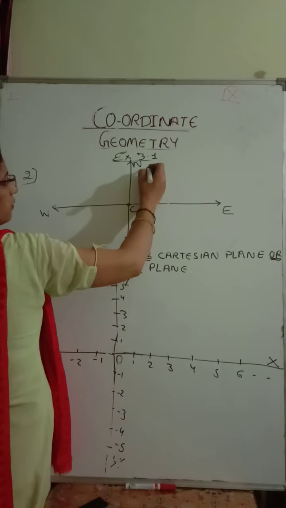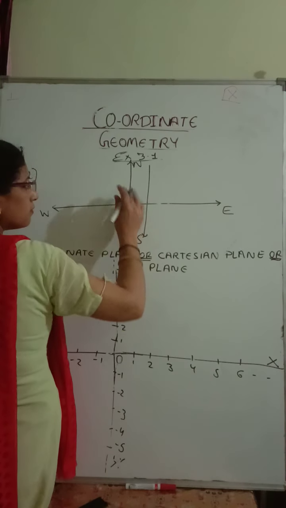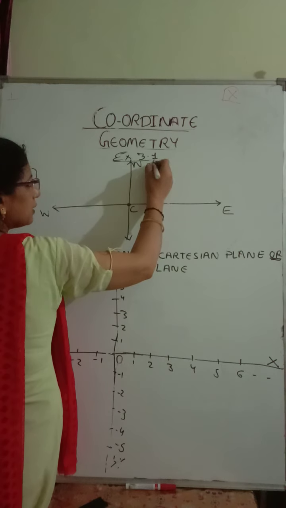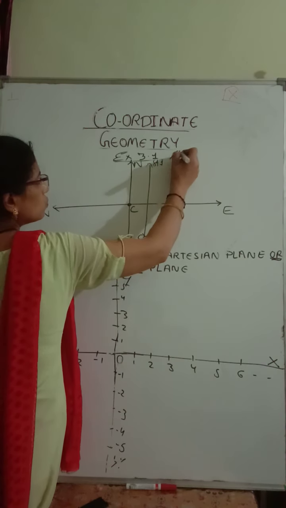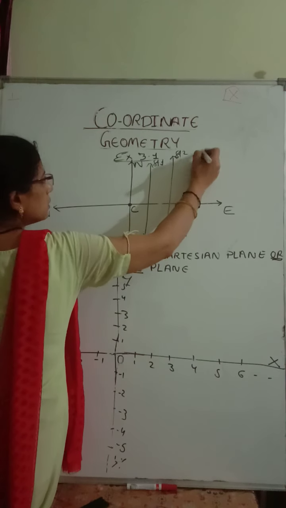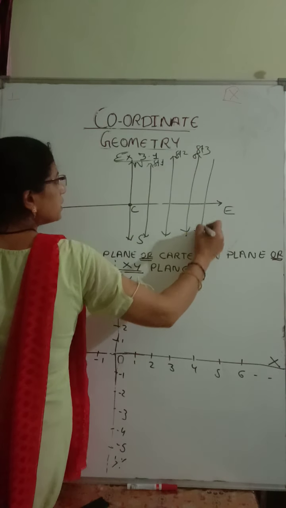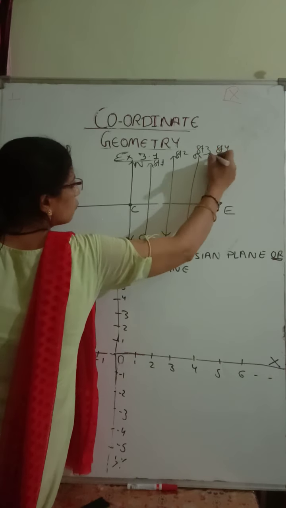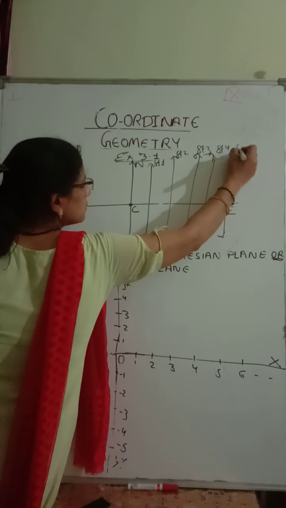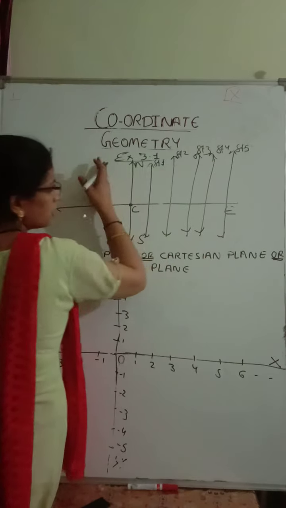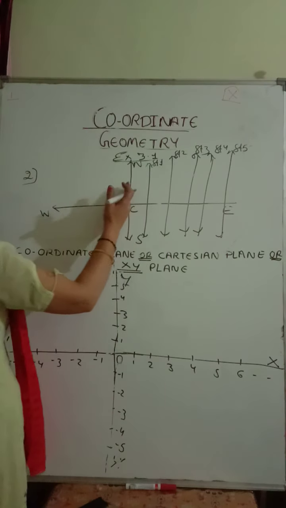If I am taking this side, this is for first road parallel, this is street 1 parallel to north direction, street 2, street 3, street 4, street 5, like this. You can take this side also, but it should be parallel to this.